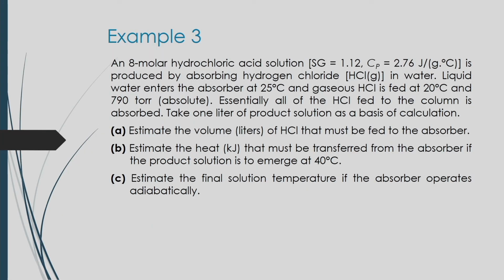And another example let us do here. In this case, an 8 molar hydrochloric acid solution, with specific gravity of 1.12 and specific heat capacity at constant pressure of 2.76 joule per gram degree Celsius, is to be produced by absorbing hydrogen chloride gas in water.